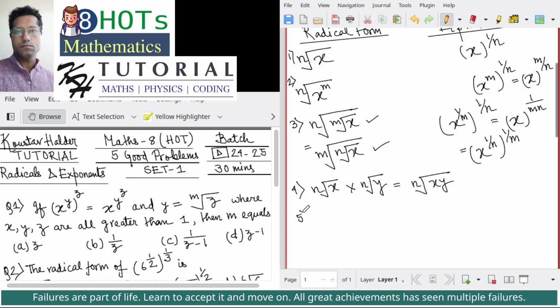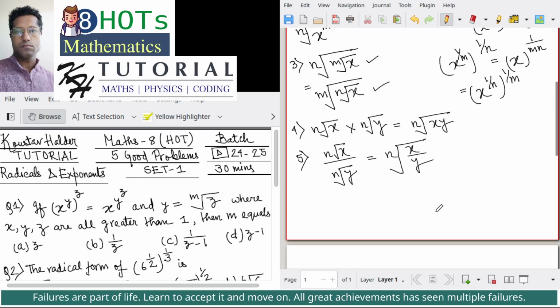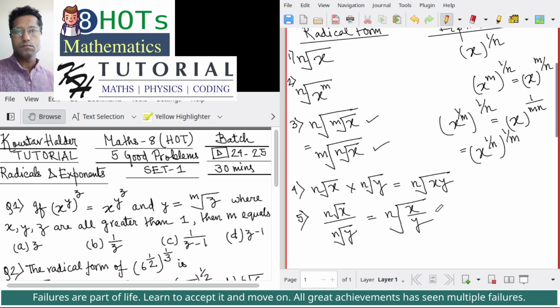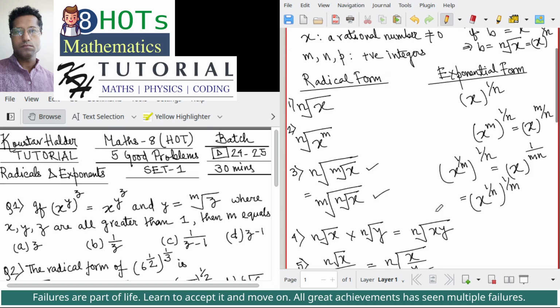And similarly, the nth root of x divided by the nth root of y is equal to the nth root of x by y. Yes, these are more or less the standard and important properties of the radical forms, and the basic definition of a radical form and its equivalent exponential form. Okay.